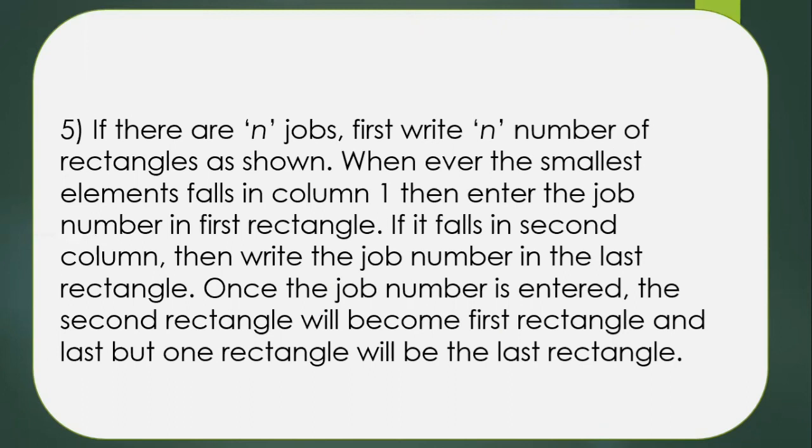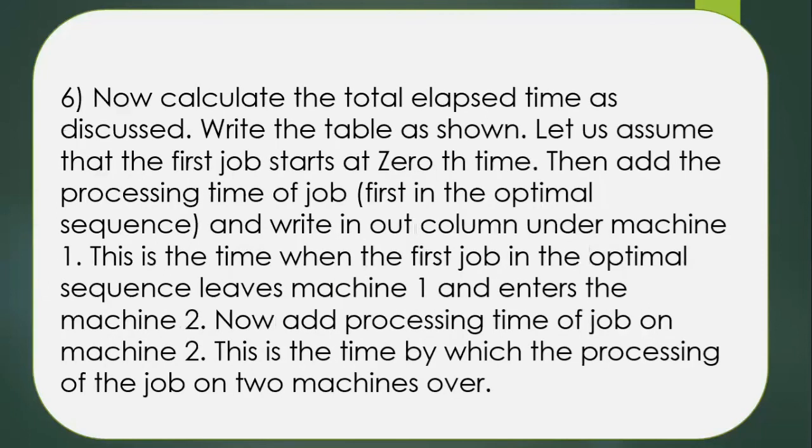If it falls in second column, then write the job number in the last rectangle. Once the job number is entered, the second rectangle will become first rectangle, and last but one rectangle will be the last rectangle. And sixth, now it is time for us to calculate the total elapsed time as discussed.